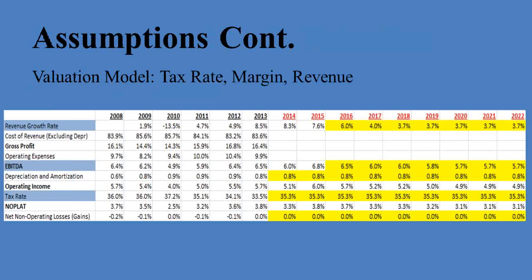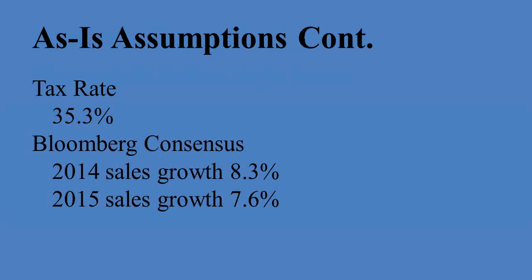For 2014 and 2015, we used the Bloomberg consensus estimates. And then in 2016, that's when we started slowly decreasing the growth rate down to 3.7% ending in 2022. And the EBITDA, we kept at 6.5%, which we learned in our multiples analysis, and then we slowly decreased it to 5.7%.